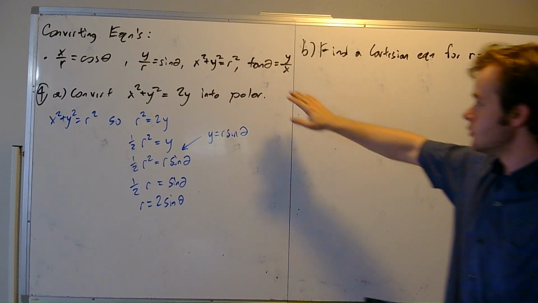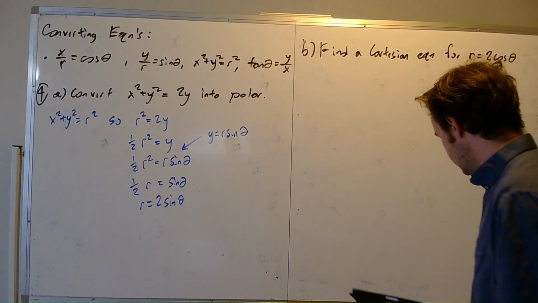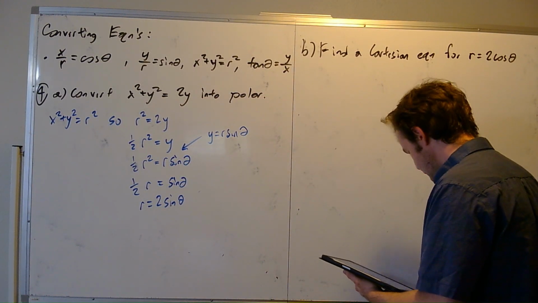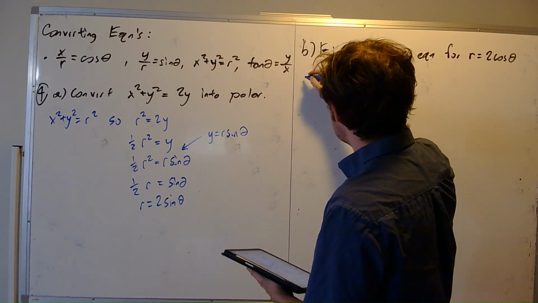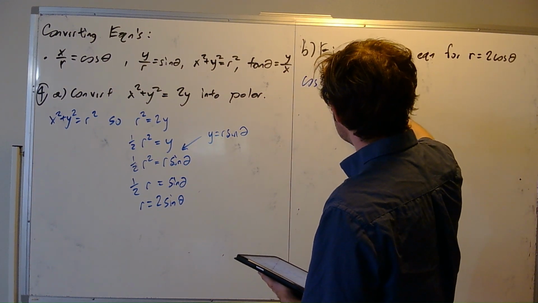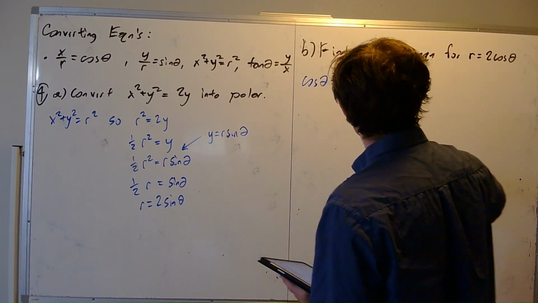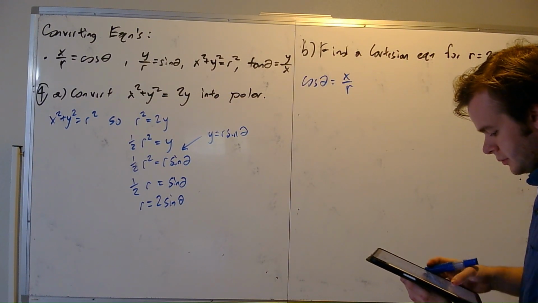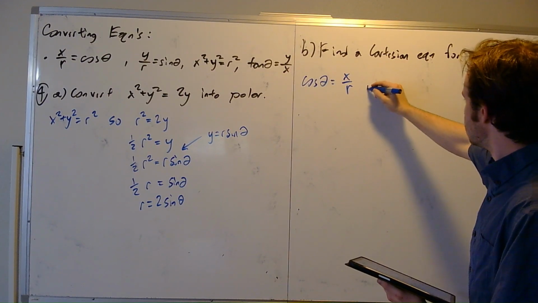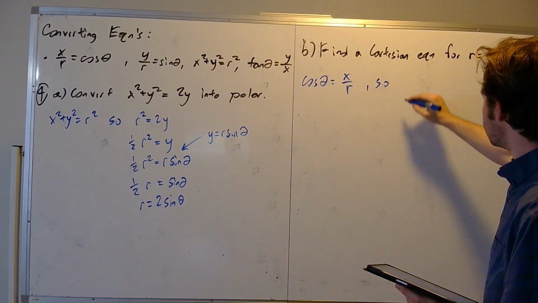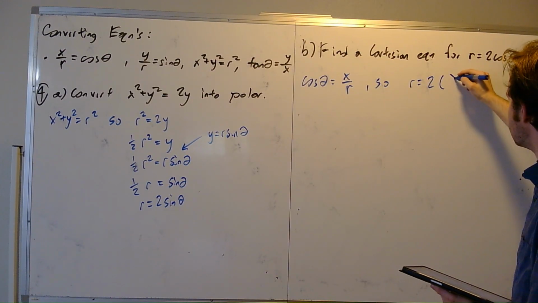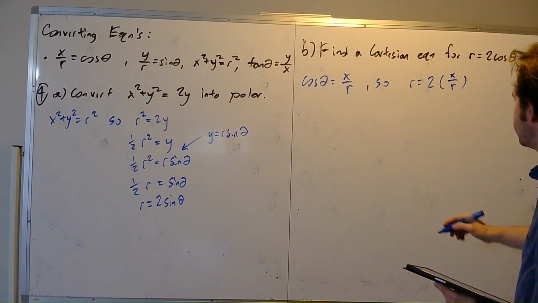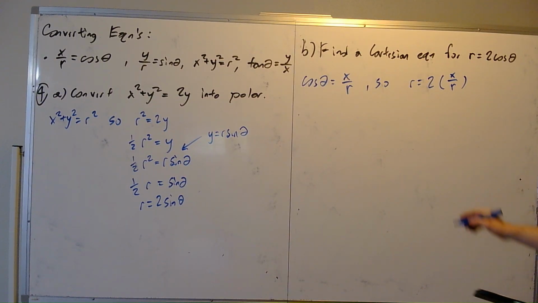So we're going to use these equations to help us. We know that cosine theta equals x over r, so we can replace that there. Then we get r equals 2 times x over r. And we can multiply by r on both sides.